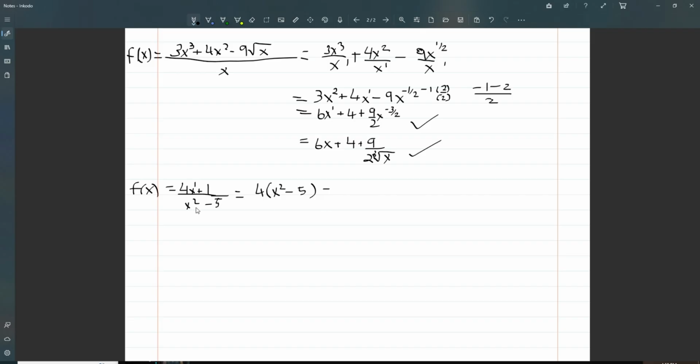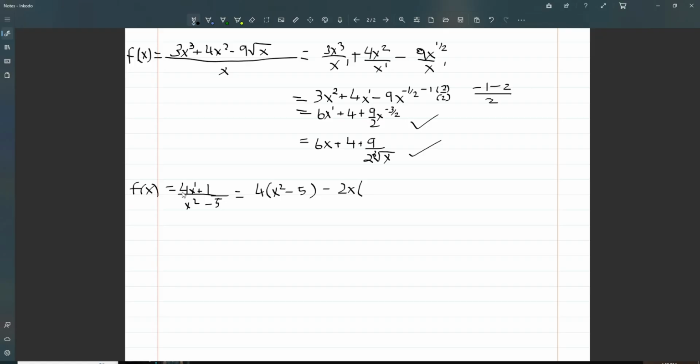And now I'm going to take the derivative of the denominator, right? So we have 2 times 1 here, which is 2, times x, and 2 minus 1 is 1, so that's just going to be 2 times x to the power of 1, but I will not write the 1 down, it's implied. And then if I take the derivative of this constant, -5, that will also be 0, so I'm not going to bother writing that down.